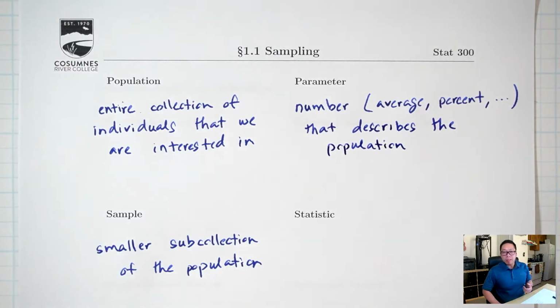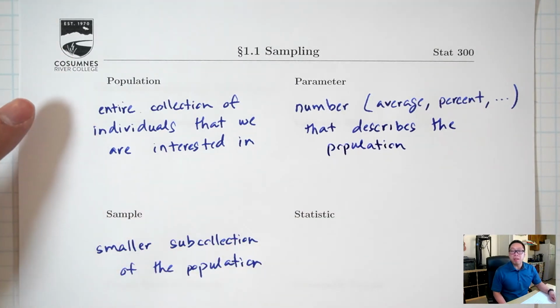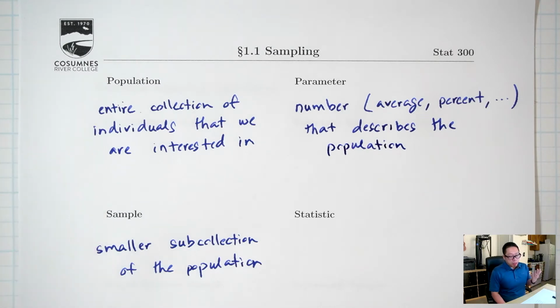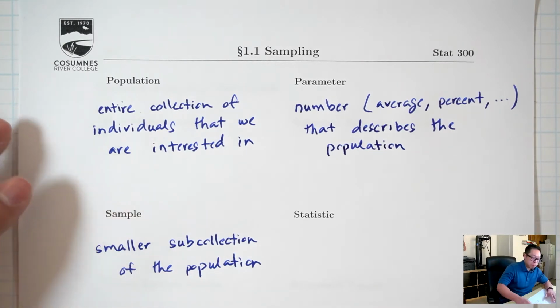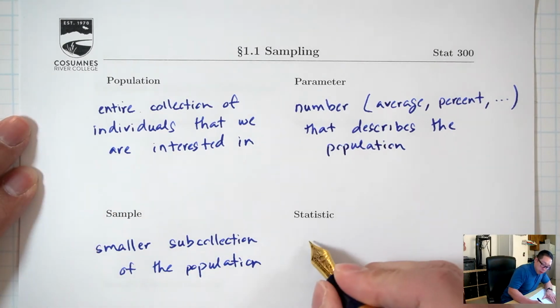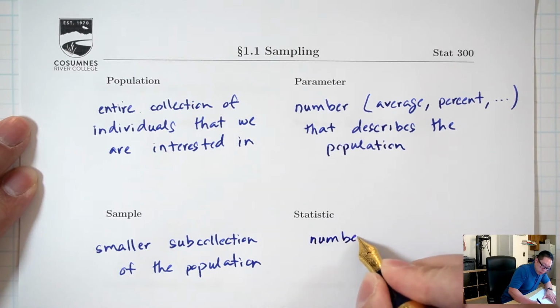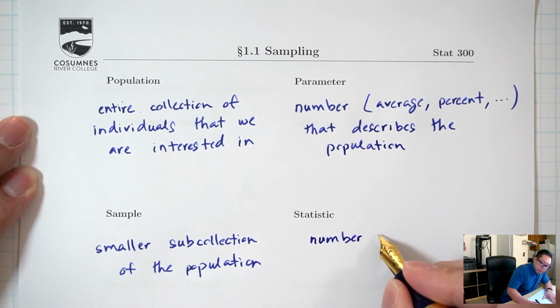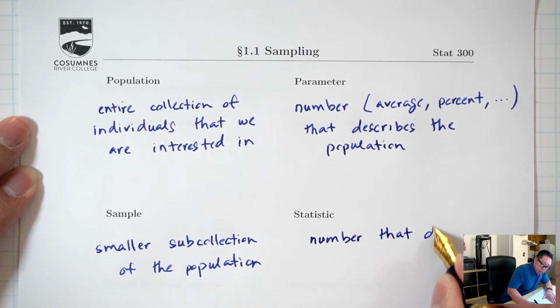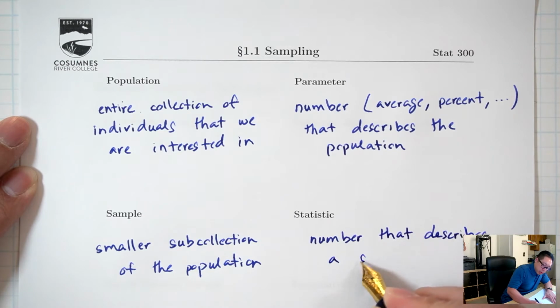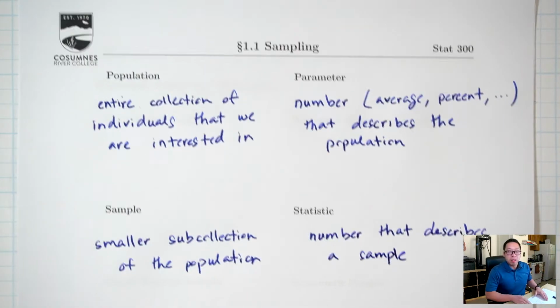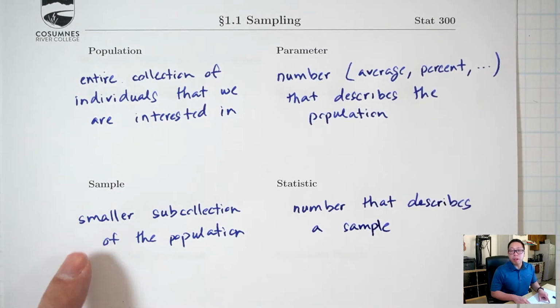And what I mean by that is that you got the number by asking everybody in the population. Now, if you got the average or percent by asking the smaller sub-collection, then it's called a statistic. So it's a number that describes the sample. In other words, you calculate it by asking a smaller sub-collection.